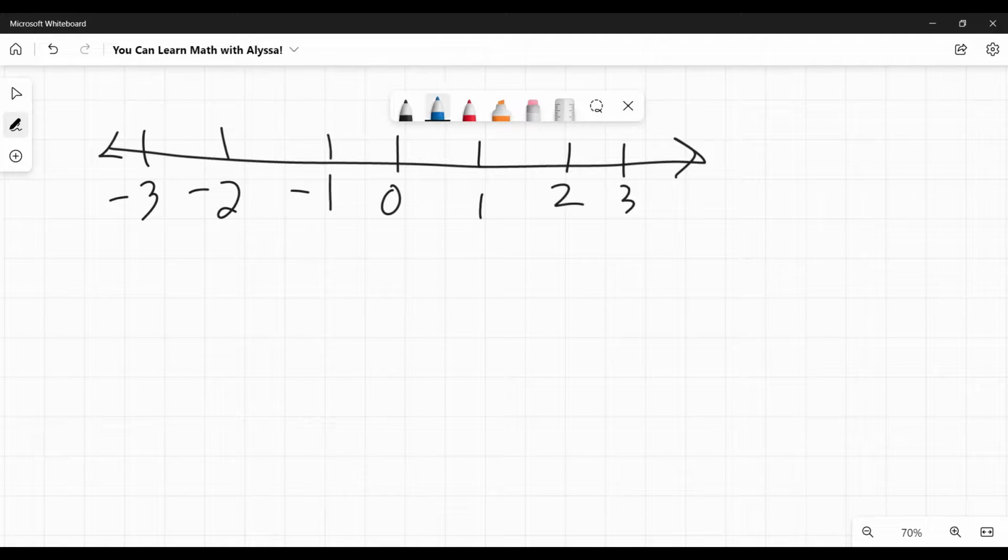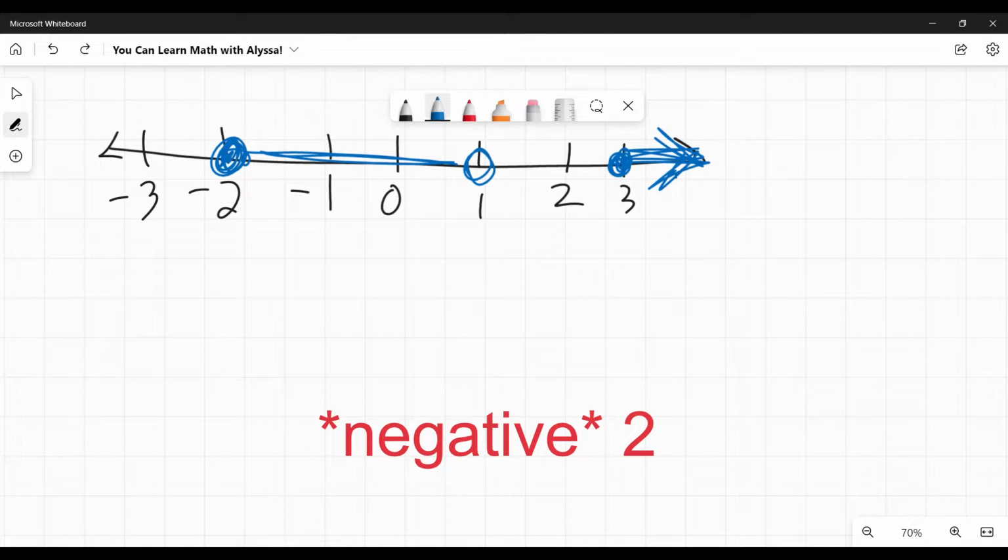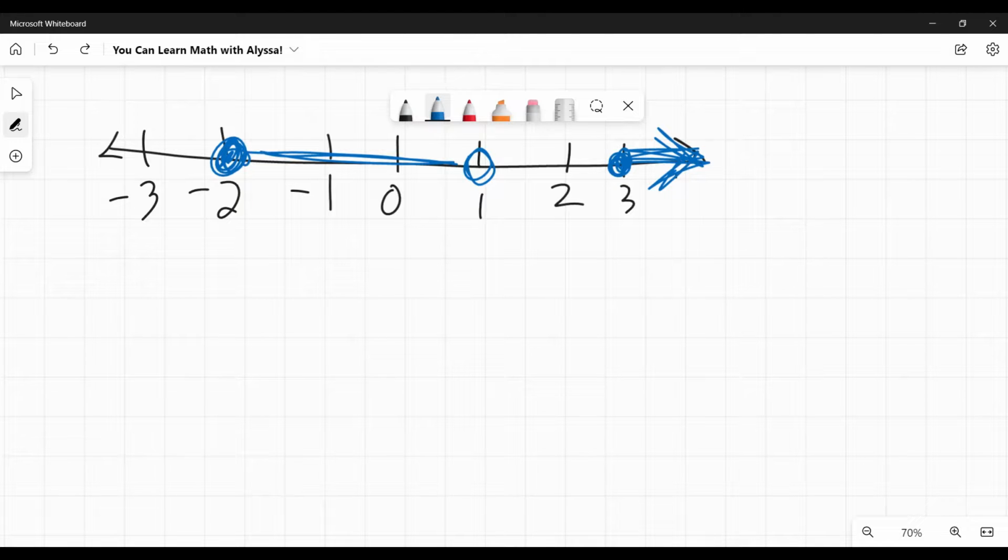For example, let's say we had a solid dot on 3 going to the right forever, and then we had an open dot on 1, and it went down to a solid dot on 2. You're going to write both of these notations separately as two separate things, and you're going to put what looks like a U in the middle, and it means the union of these two. It is both together. So let's try this.